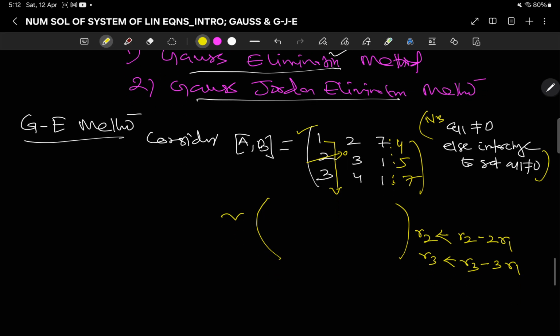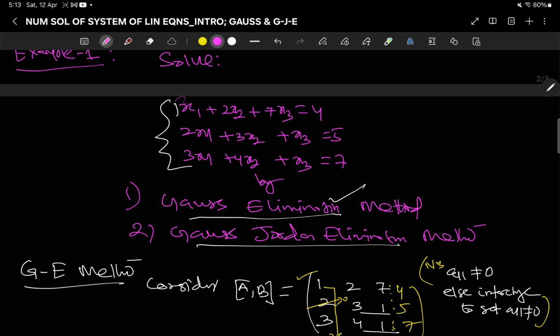After that, row 1 remains silent, 1 2 7 4, no change in row 1, and here obviously it will be 0, and here obviously it will be 0. This was our intention. Accordingly there are some changes here and here. R2 minus 2 R1, it is 3 minus 4. Just one second, actually in the question it is 3.